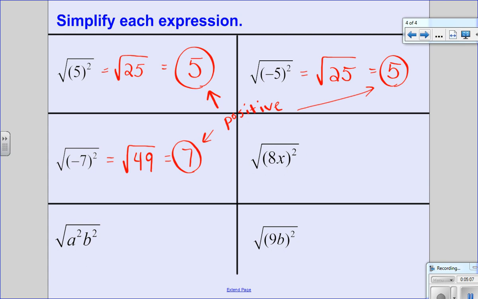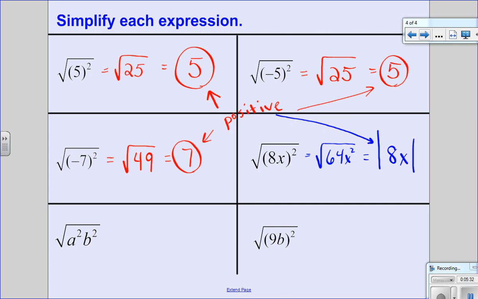Well, in this example, if we do our order of operations, we go square root of 64x squared. And if we found the square root of 64 and the square root of x squared, that would end up giving us 8x. But since we know that this has to be positive, we need to make sure that we indicate that this is going to be positive.